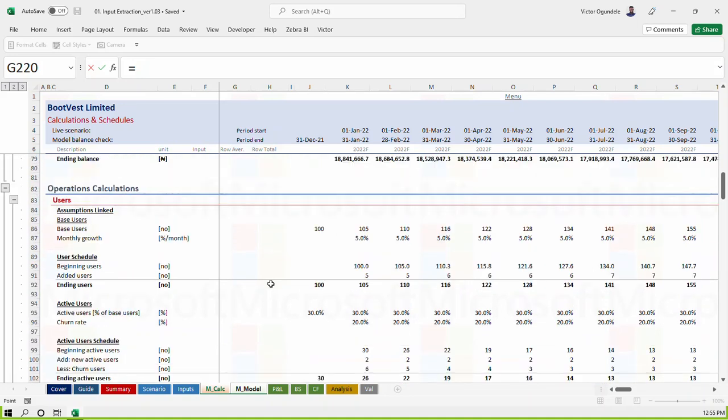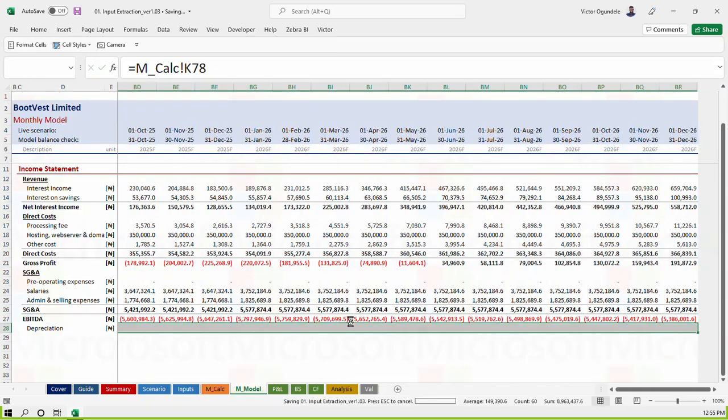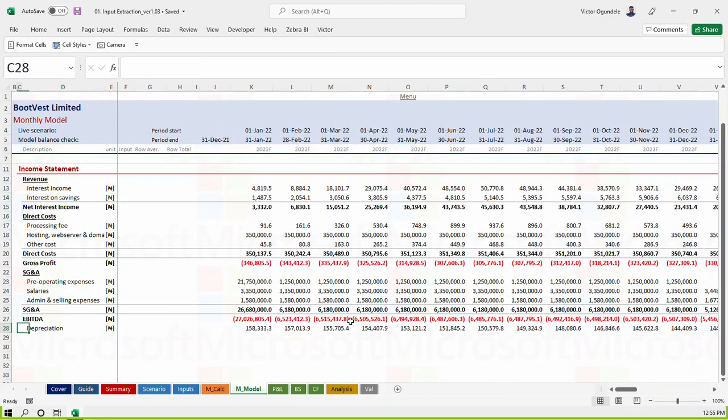So where's our depreciation? That is our depreciation. Then we have our EBIT. Let me copy this format. Let's call this our EBIT.